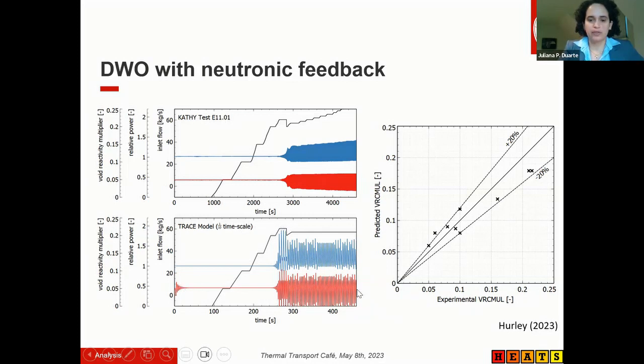and you can observe it in the mass flow rates and in the power oscillations here.